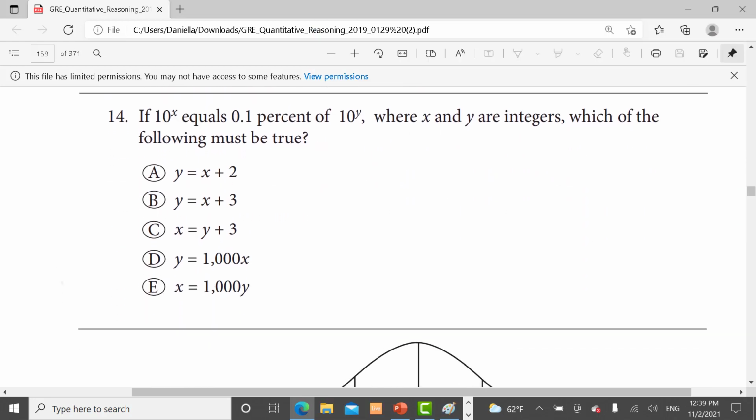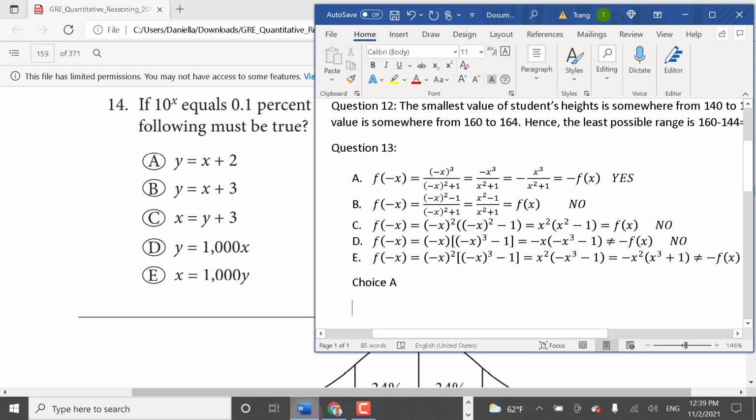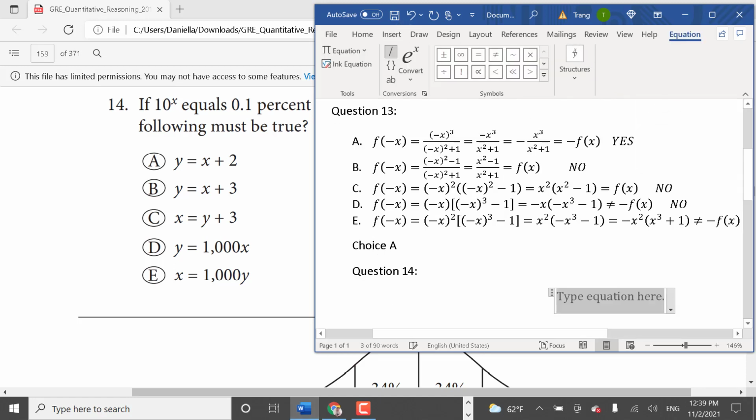Now let's look at question number 14. If 10 to the x equals 0.1% of 10 to the y, where x and y are integers, which of the following must be true? From that statement, we can set up an equation of relation.